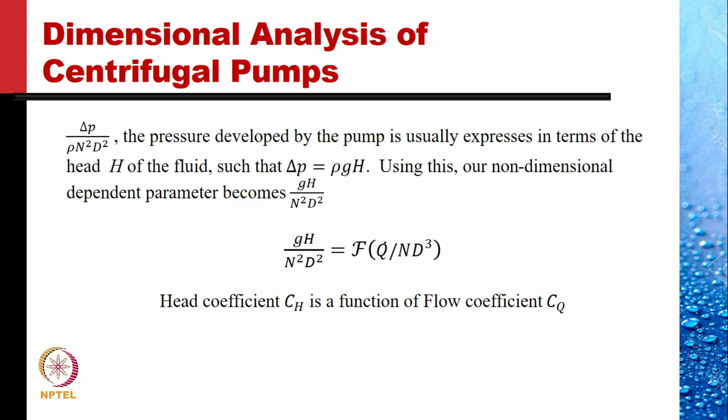The dependent non-dimensional parameter is a function of only one independent parameter, and of course the geometry of the pump, which we have not written but is understood all through.